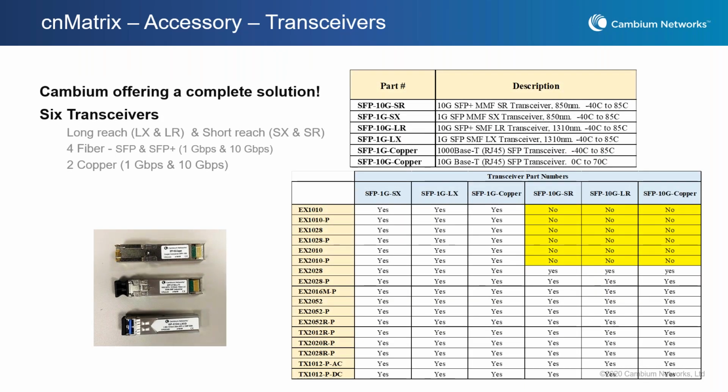Also, what people don't know is that Cambium also has our own transceivers. We have our own SFP or 1 gig transceivers, as well as our SFP+ or 10 gig transceivers. And we have all the main types that you might need: long reach, short reach, 1 gig, 10 gig, and we offer copper SFPs or SFP+s as well.